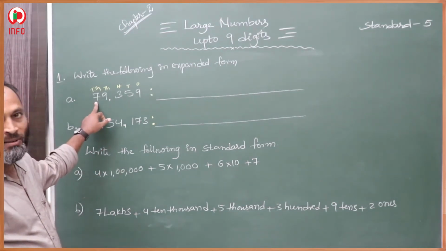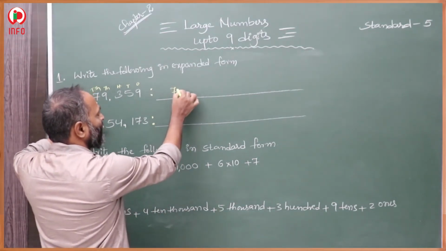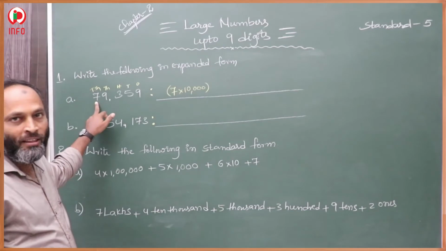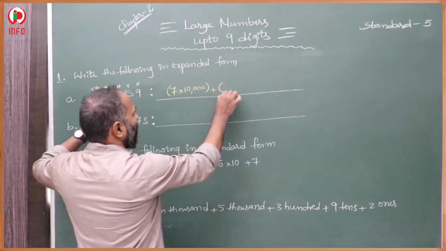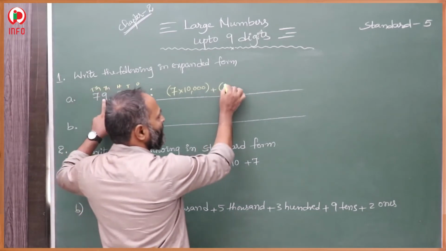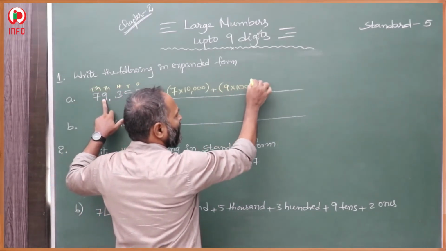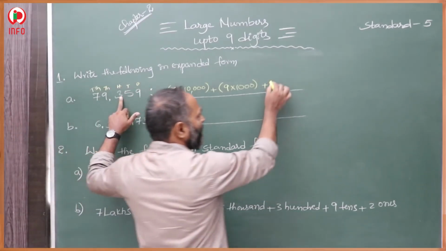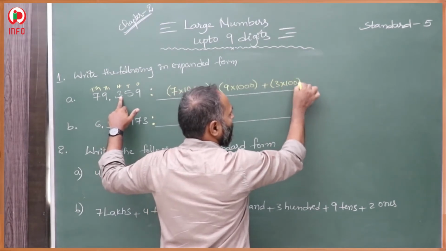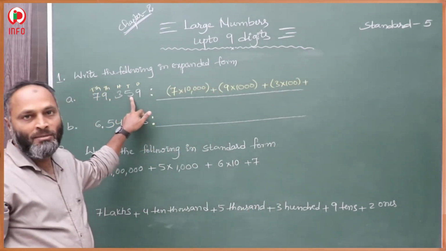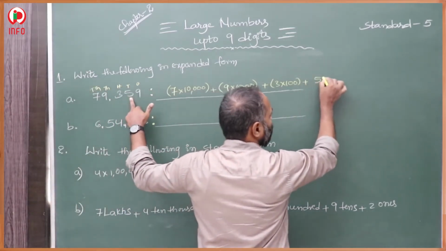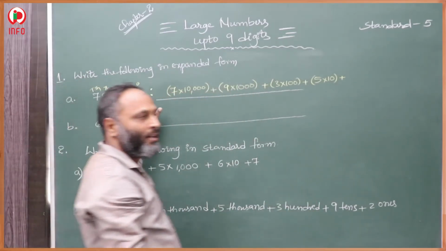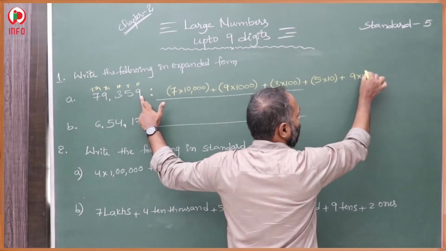Then 7 is in 10,000s place, so 7 into 10,000, plus. 9 is in thousands place, which means 9 into 1000, plus. 3 is in hundreds place, 3 into 100, plus. 5 is in tens place, which means 5 into 10, plus. 9 is in ones place, 9 into 1.